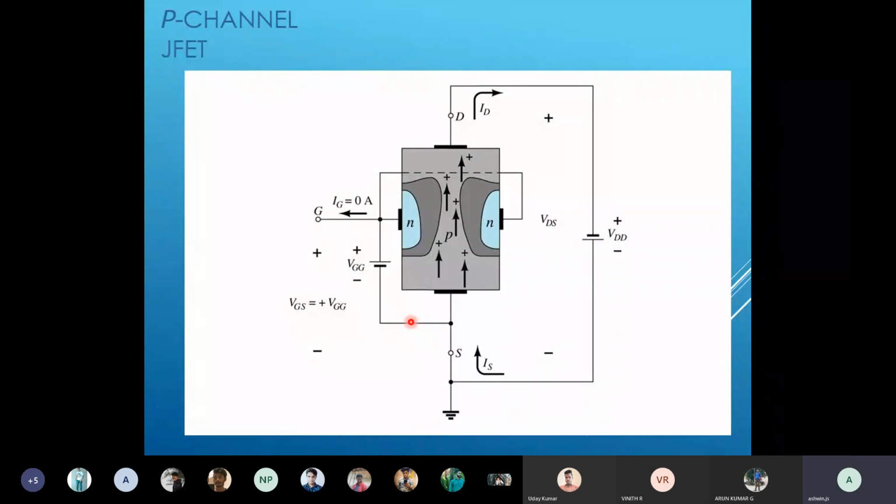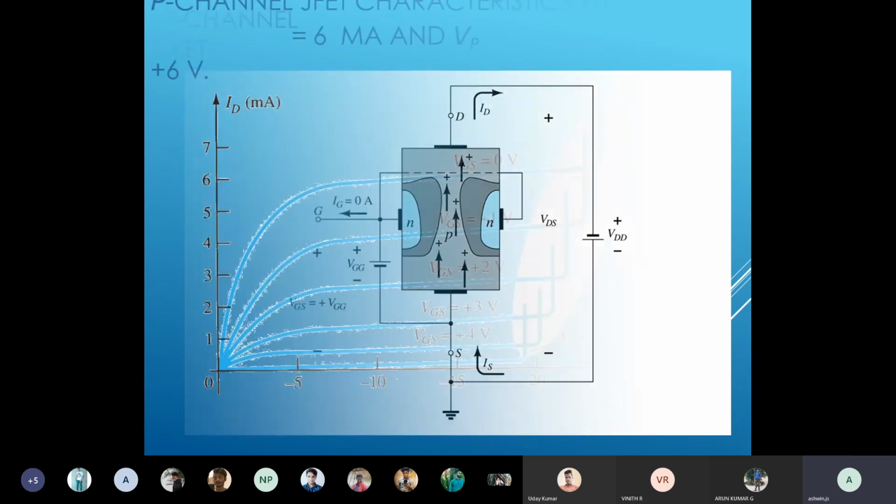It's about the P channel, and it's quite opposite of the N channel. What you saw for the N channel is quite opposite here, so the voltages will be reversed. Here the gate should be positive. There you make it negative, but here you have to make it positive. So that is the difference between the N channel and P channel.